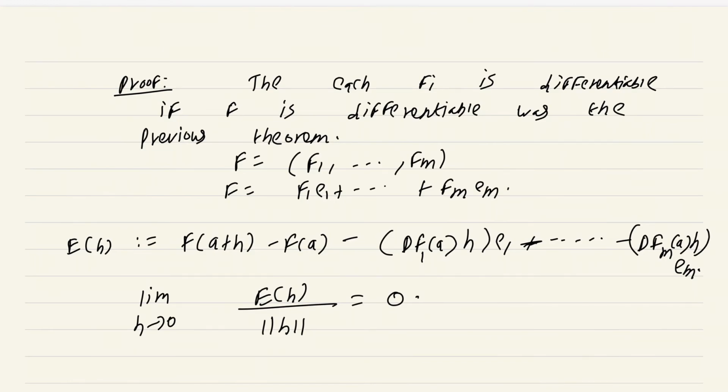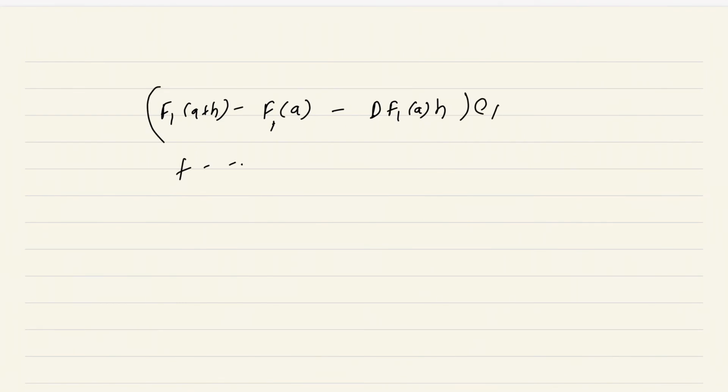Okay, now how do we know that this is going to be sublinear? Well, observe that we can group the terms together and we will get f1 of a plus h minus f1 of a minus df1a h e1 plus dot dot dot fm of a plus h minus fm of a minus dfma h em.